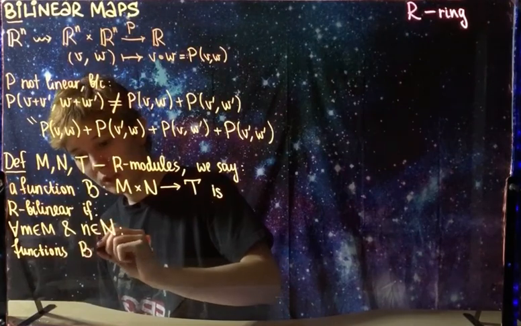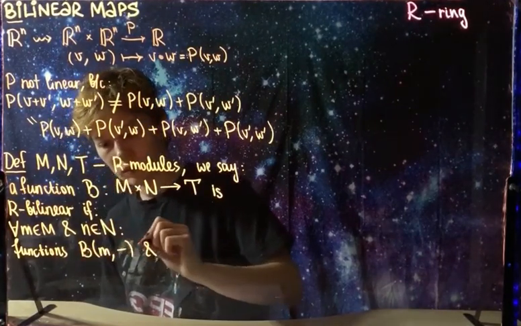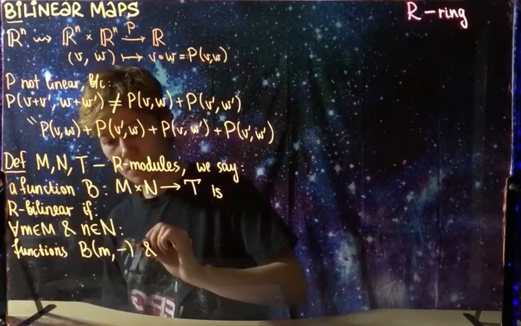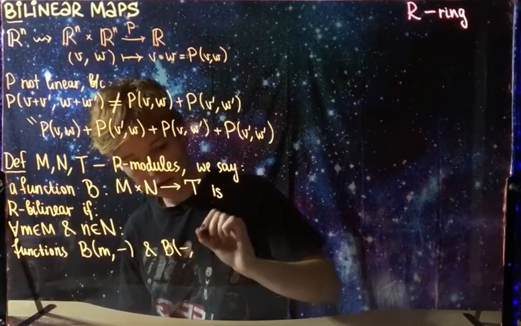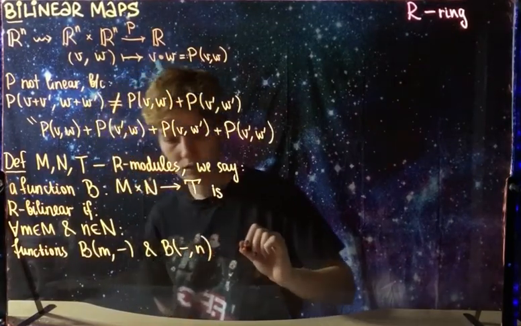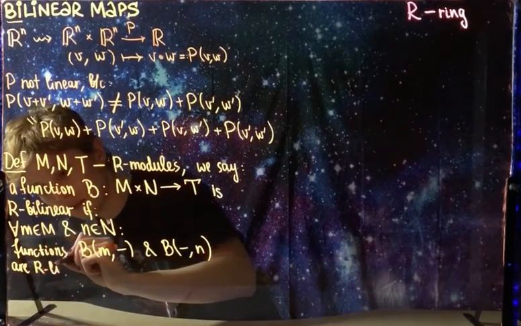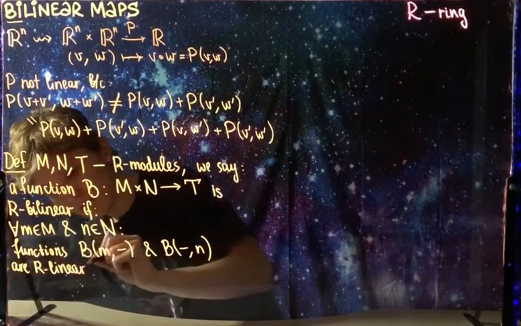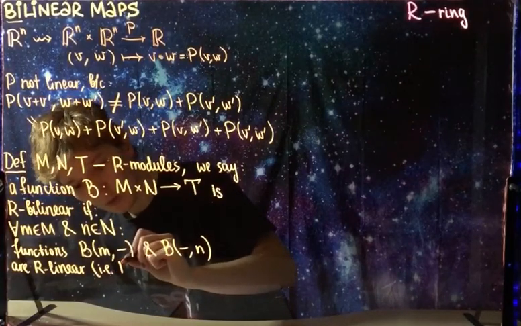So the functions B(m, -), this is the free entry, and B(-, n) are linear. That is, they are module homomorphisms.